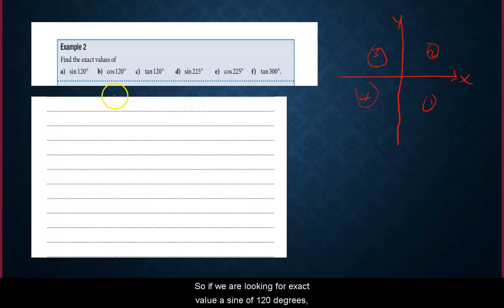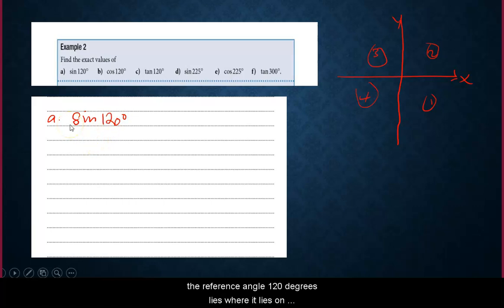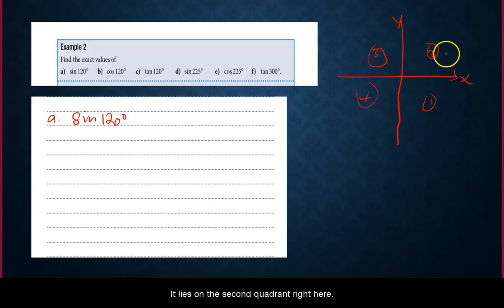So if we are looking for the exact value of sine of 120 degrees, the reference angle: 120 degrees lies where? It lies on the second quadrant, right here. So what will be the reference angle? It is 120, which means this is more than 90 degrees.